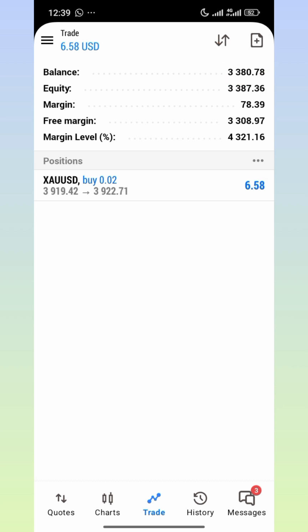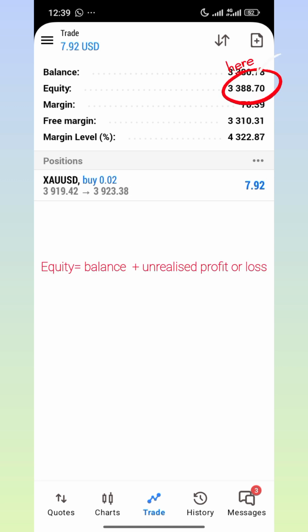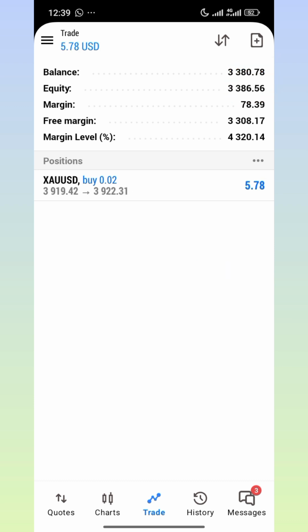So immediately you open a position, that is, you click the buy or the sell button, your equity starts to read. The equity now is the balance plus the unrealized profit or loss, just like what you are seeing right now. This is gold.